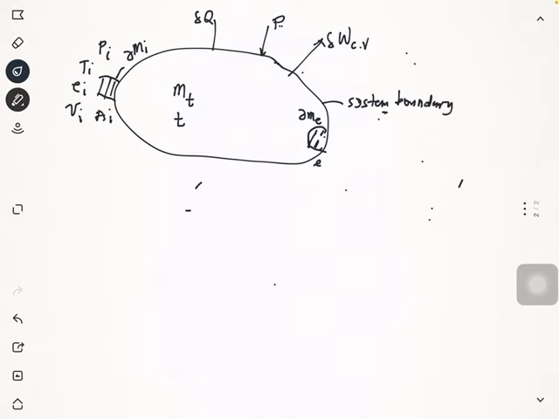That is our system boundary and the control surface. Okay.